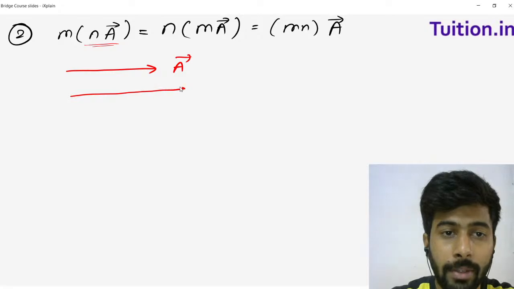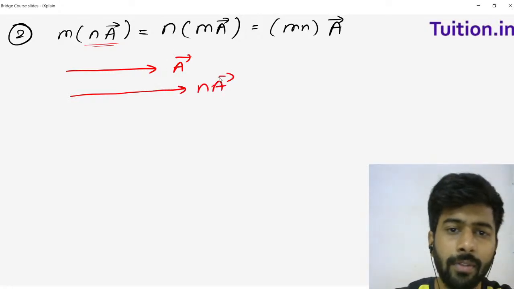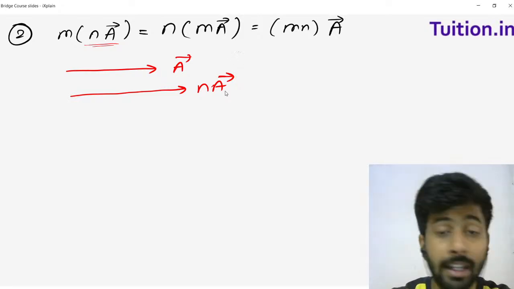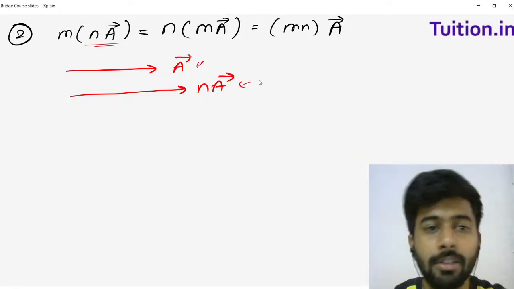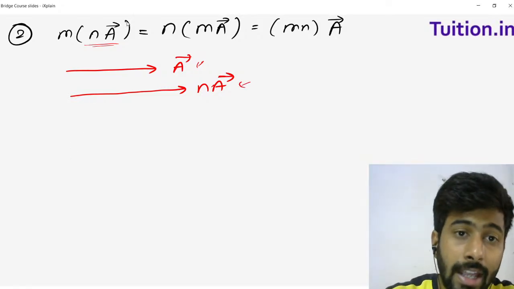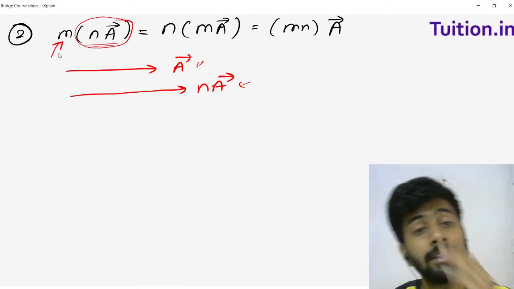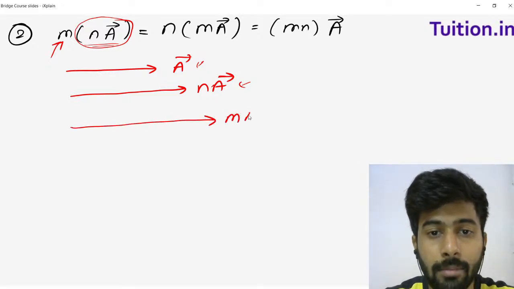So now your vector became n a bar. Considering, let's say, your n is more than 0. n can be less than 0 also, but for my example, I'm taking it more than 0 because I want to keep the direction the same for visualization purposes. And now this n a bar, which is a new vector, is being multiplied with another scalar m. So the new vector is going to be m into n a bar.